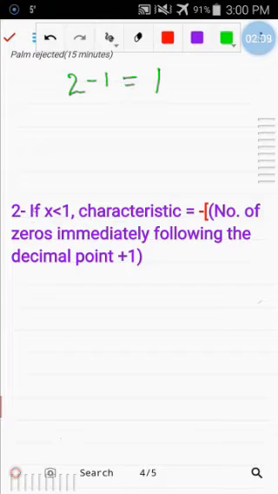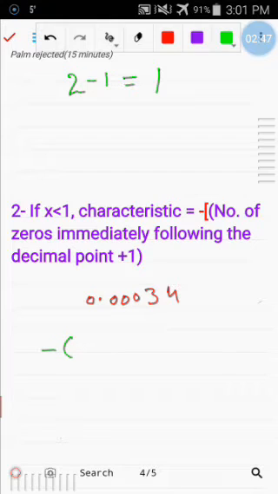Second rule: if any number is less than 1, the characteristic of that number is equal to minus the number of zeros immediately following the decimal point plus 1. For example, if we have the number 0.00034, first we put a minus sign, then count the number of zeros: 1, 2, 3.